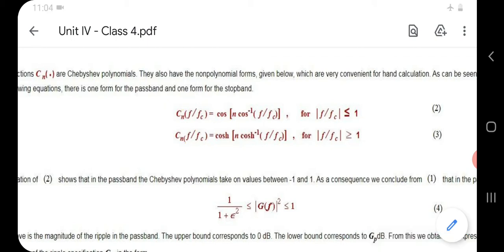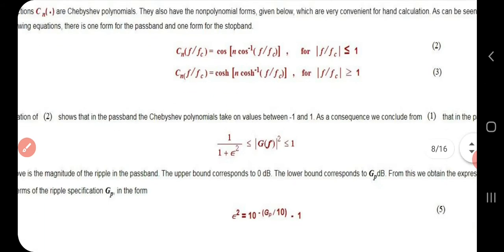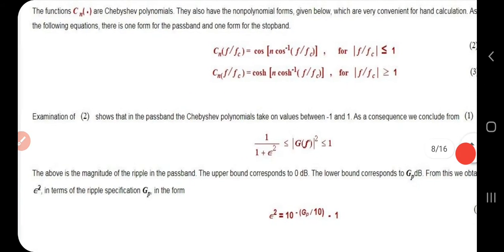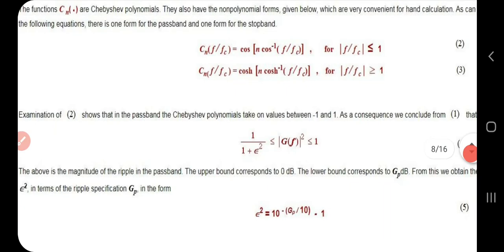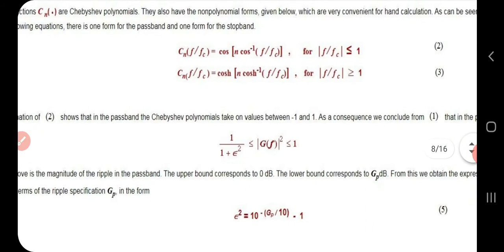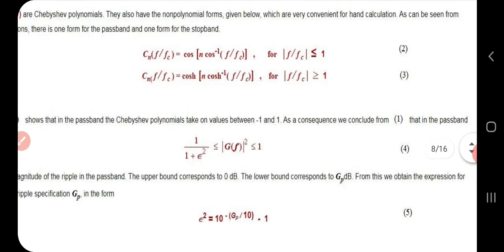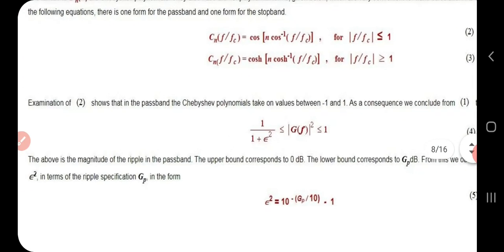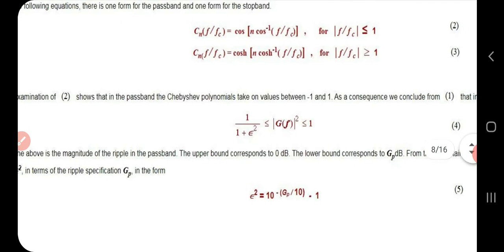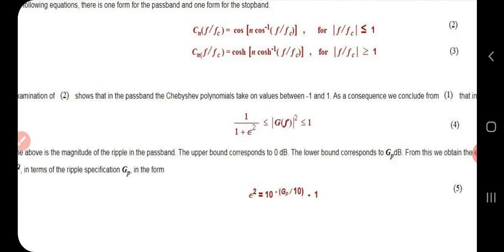Now, examination of equation 2 shows that in the passband, the Chebyshev polynomial will have values between -1 and 1. As a result, we can conclude from equation 1 that in the passband, the expression for the ripple, epsilon, is given by this.